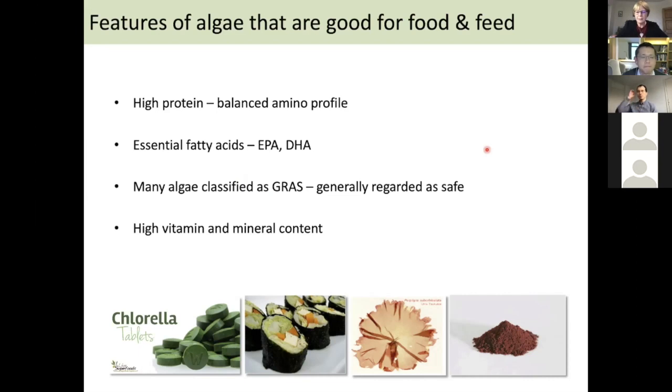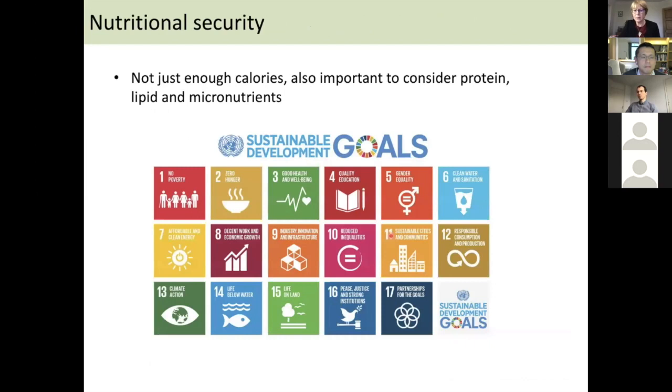Many algae are classified as GRAS, which is generally regarded as safe, and therefore could potentially be legislated for or licensed for food. And they also have a very high vitamin and mineral content. And this is really important because in thinking about the Sustainable Development Goals, whilst hunger is really important, it's not just calories that are necessary to sustain life.